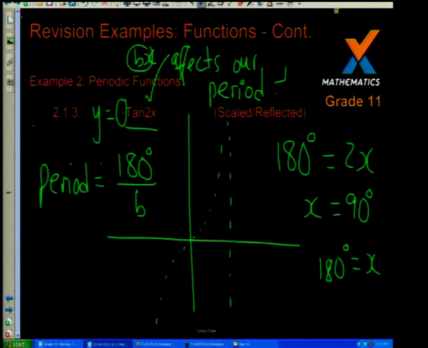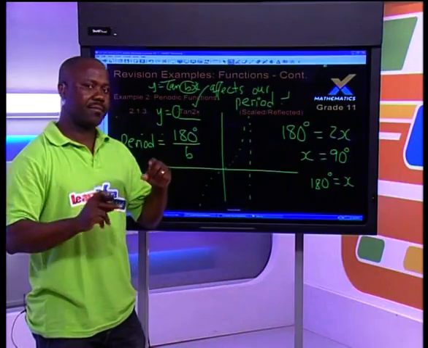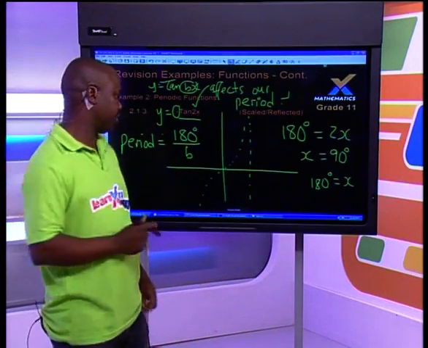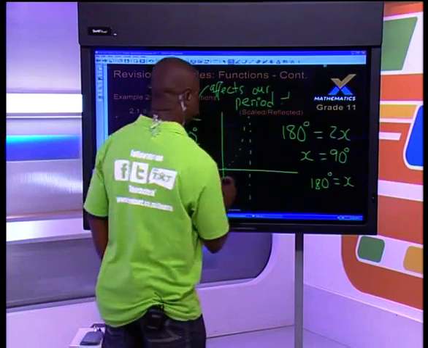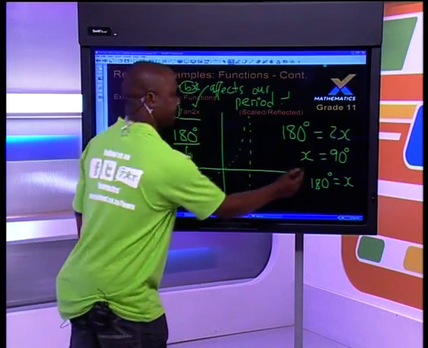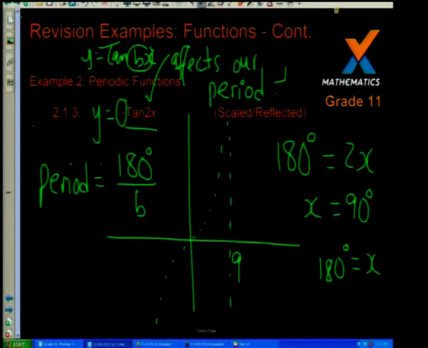So that would have been y equals tan of bx. So you just take the value of b and divide it into the period that you have. You do the same if it was the sine and the cosine, but you would have to use 360 as the period. All right, so this tells me every 90 degrees, I will have this graph.